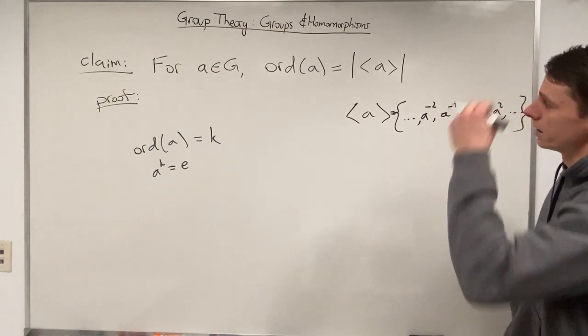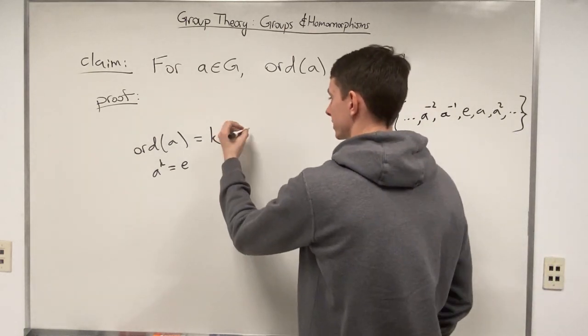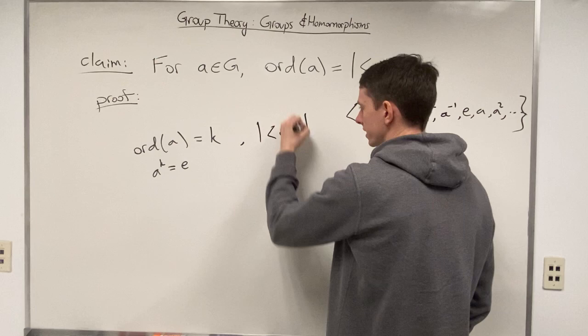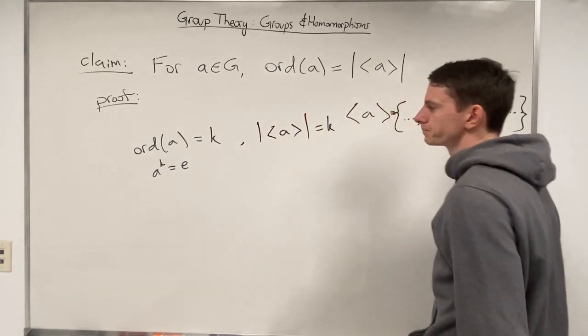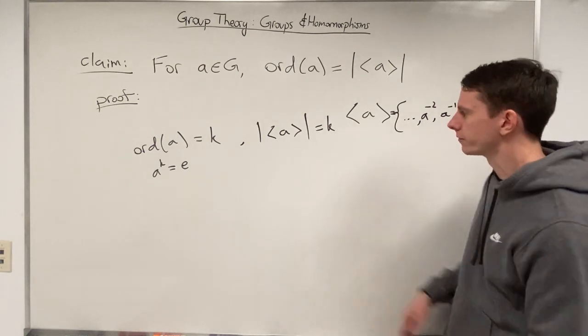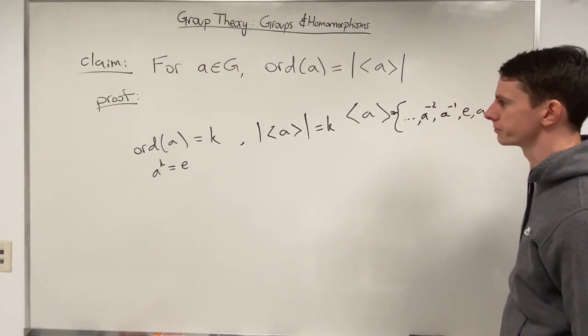And what we would like to then show is that the right-hand side must also be k. So we'd like to show that the cyclic group generated by a, its order is equal to k. Hopefully the finite case at least starts to make sense, what we're trying to prove.